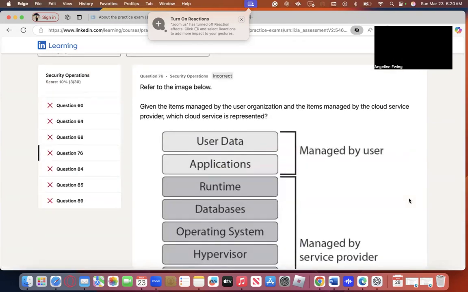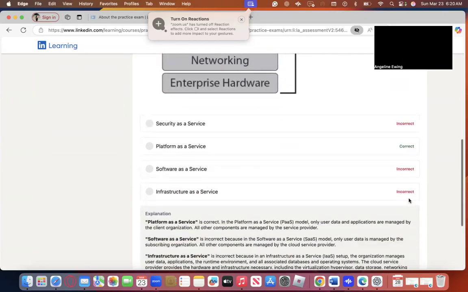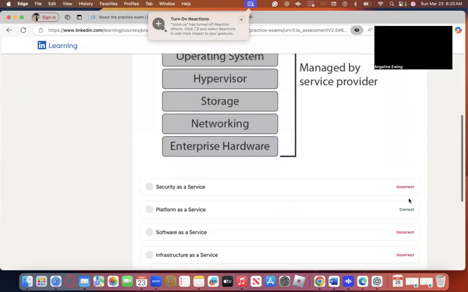Refer to the image below. Given the items managed by the user organization and the items managed by the cloud service provider, which cloud service is represented? That would be platform as a service.